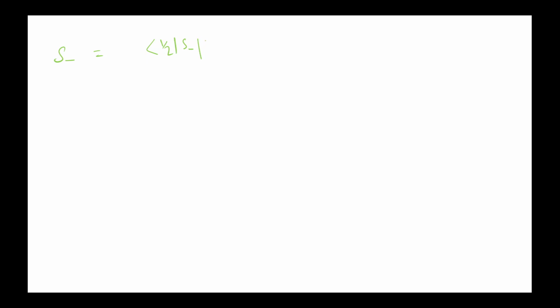So as of now, let's write out the matrix elements. So you will get half S minus minus half, and you have minus half S minus half, and you have minus half S minus minus half, right?